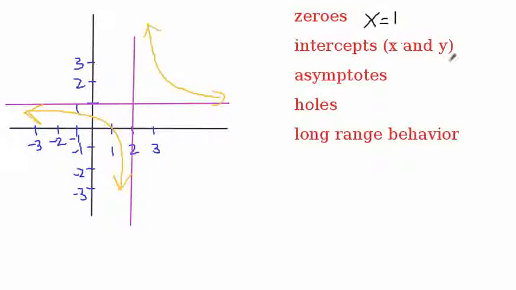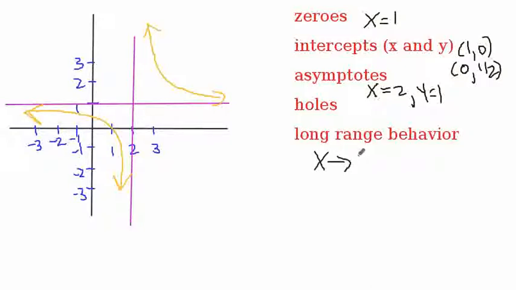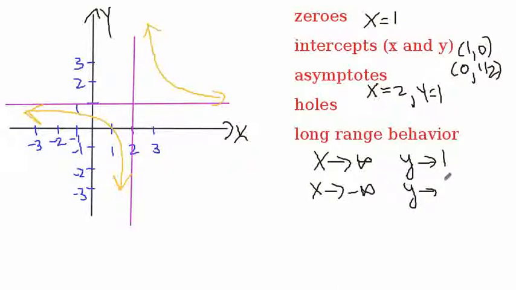We have intercepts at 1, 0, and let's say 0, 1/2. And then we have an asymptote at x equal to 2 and y equal to 1. We don't have any holes. And for the long-range behavior, as x goes to infinity, the function, let's call it y, goes to 1. As x goes to minus infinity, y also goes to 1.